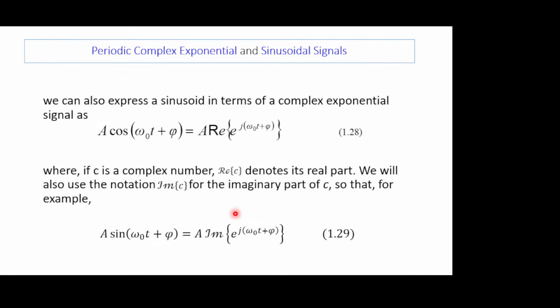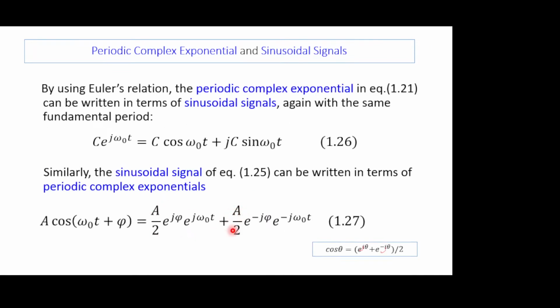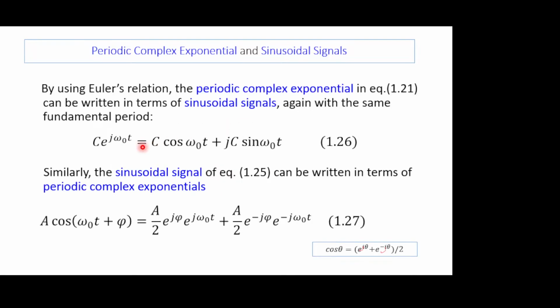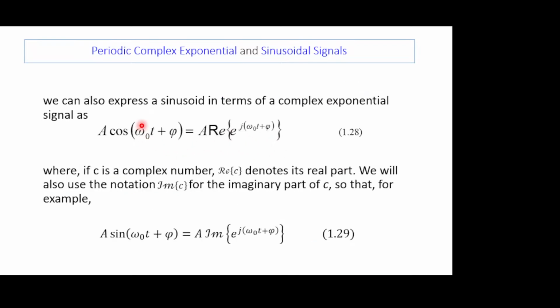So instead of doing this addition and subtraction, we can also just say cosine omega t is just the real part of e to the j omega t, because as you see, for e to the j omega t, the real part is cosine and the imaginary part is sine. So we can just say our cosine of omega t plus phi is the real part of e to the j omega t plus phi.